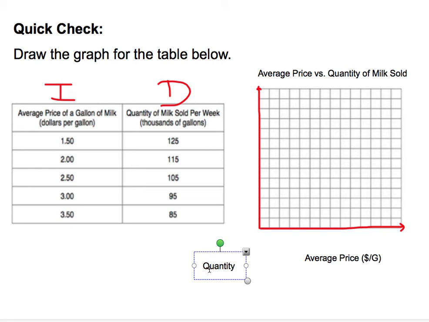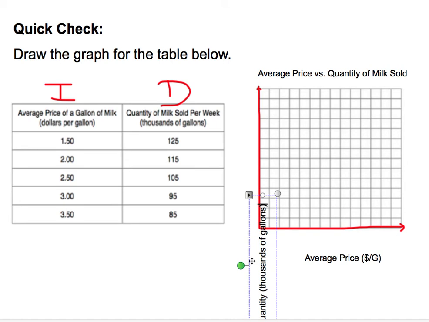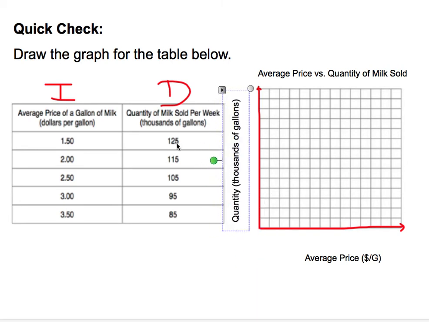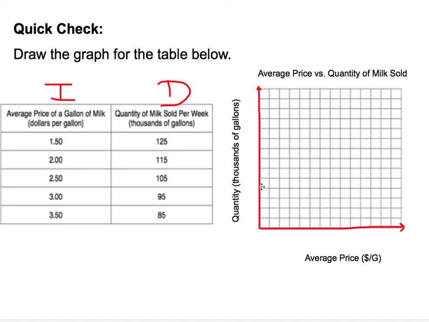Since we have milk in the title, we don't have to put it, but we do have to put thousands of gallons. And we're just going to flip this over here. Let's see, can I move this whole thing over? Yeah, I'm just going to move that over. Okay, so we labeled our axes.